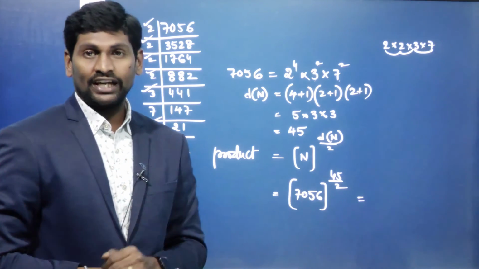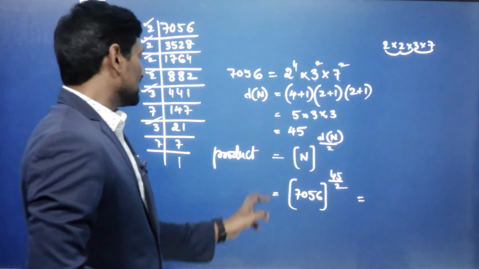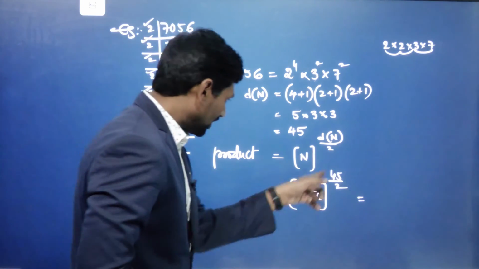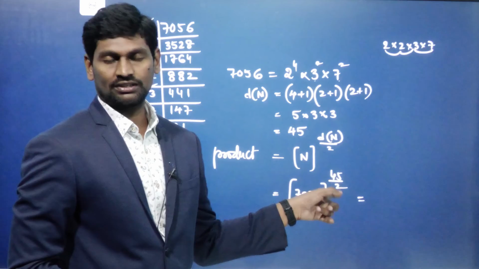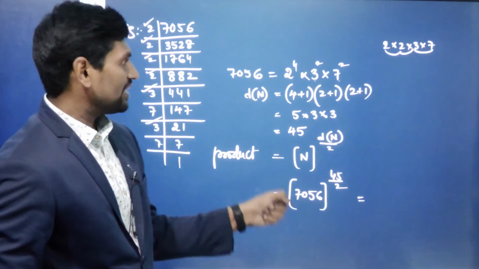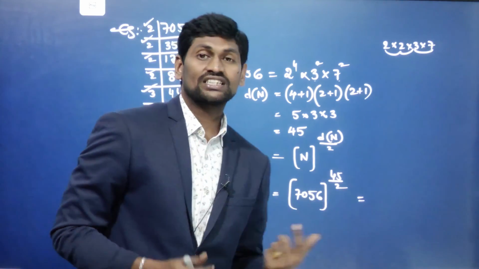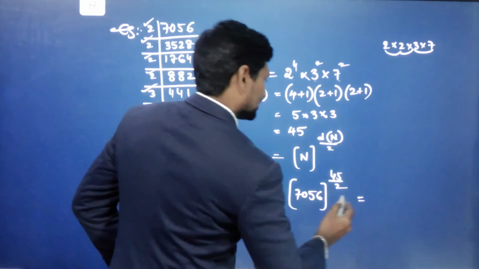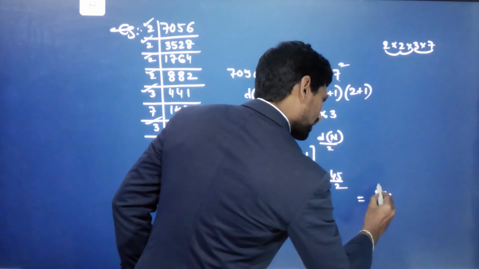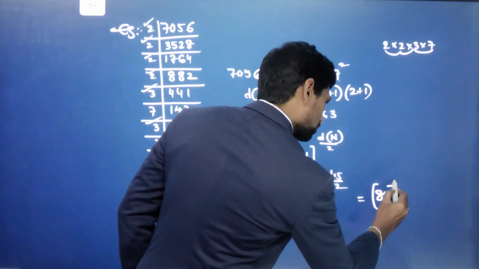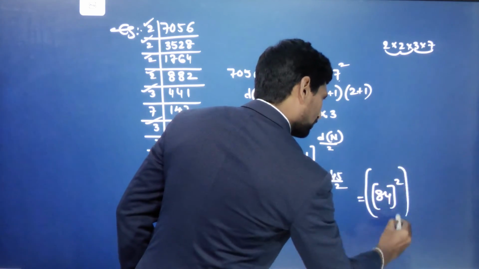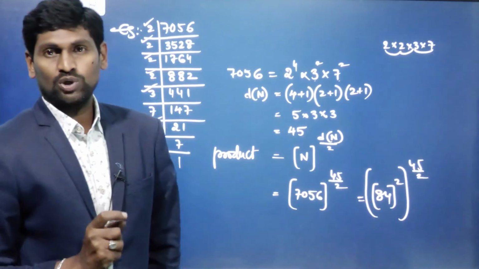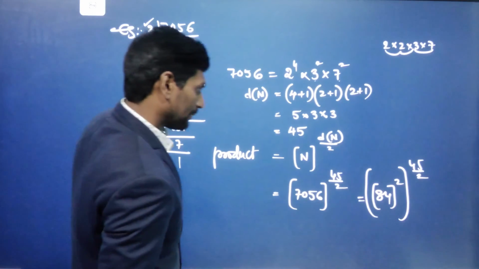84 square. 84 84s are 7056. Okay? Because 45 is not cancelled here, a decimal value would come. That's why I am checking whether 7056 is a square number or not. Yes, we got 7056 is 84 square. So 84 square whole to the power of 45 by 2. As we applied an algebraic identity, here also I am going to apply it.